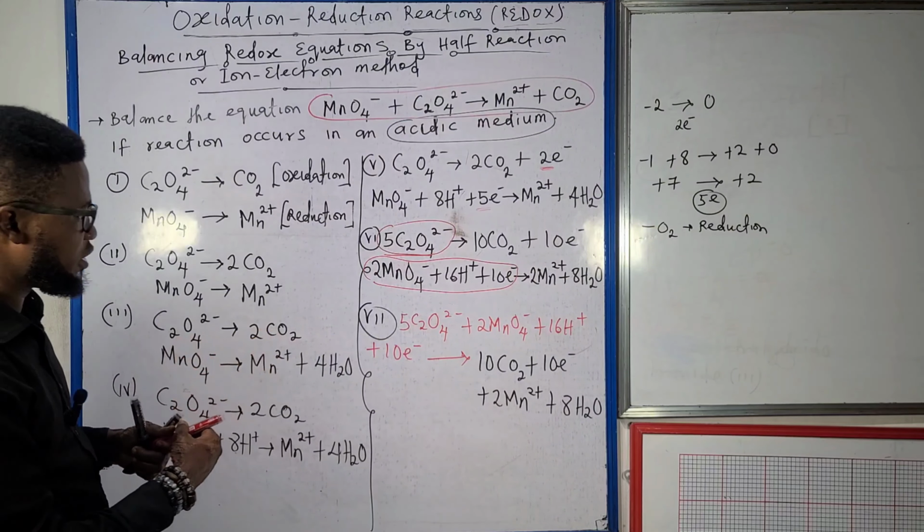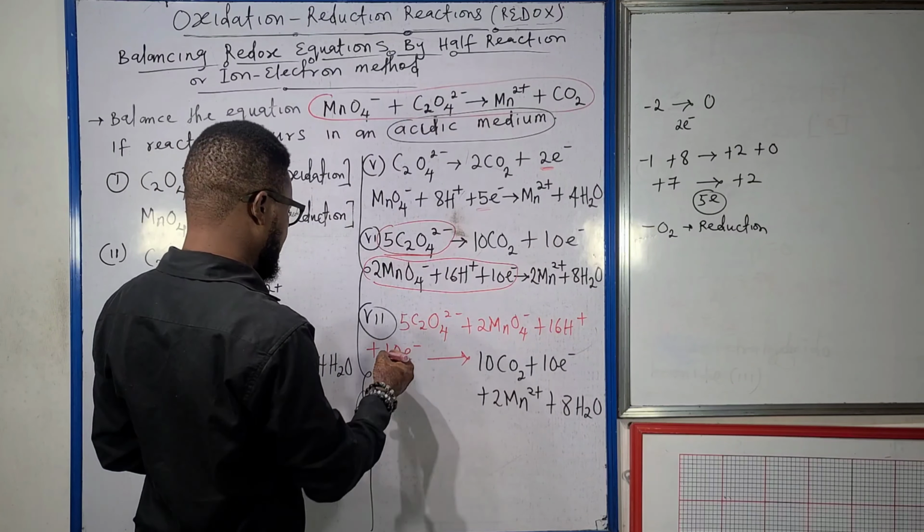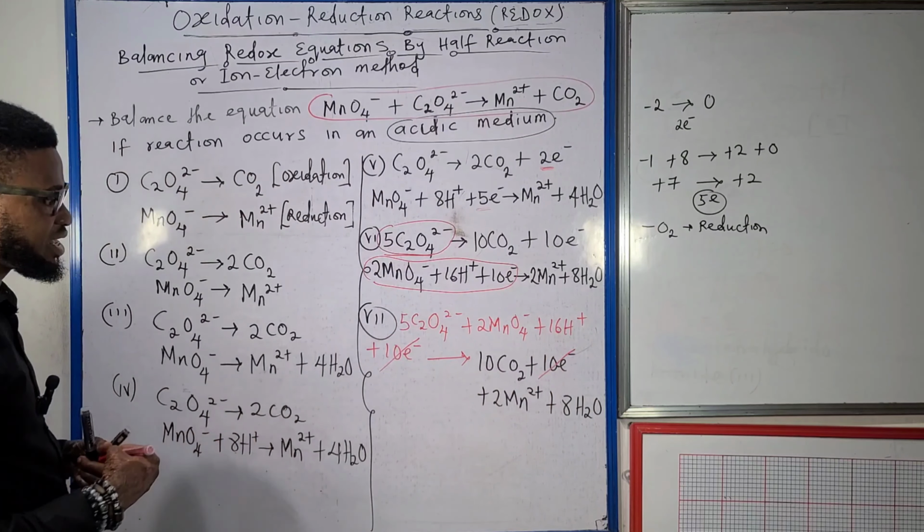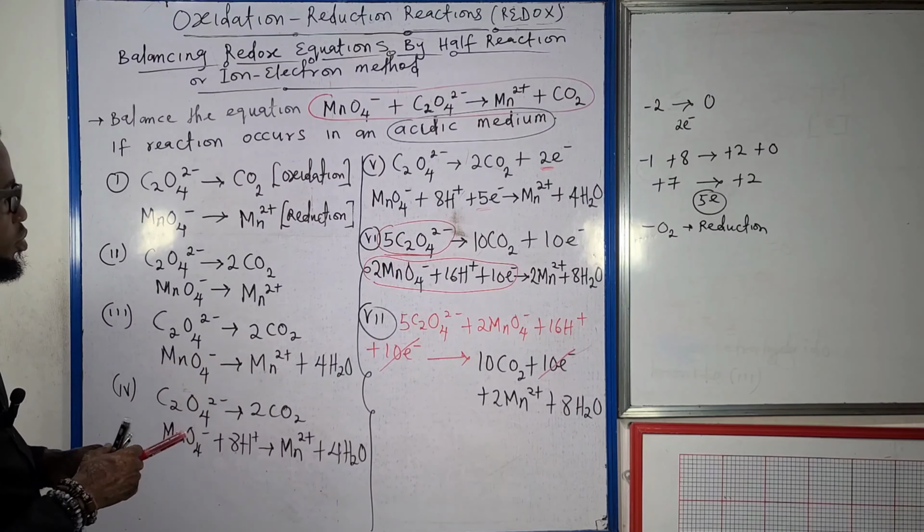Now looking at this very well, 10 electrons here and 10 electrons here are the same. Aside from that, nothing is the same on both sides again.